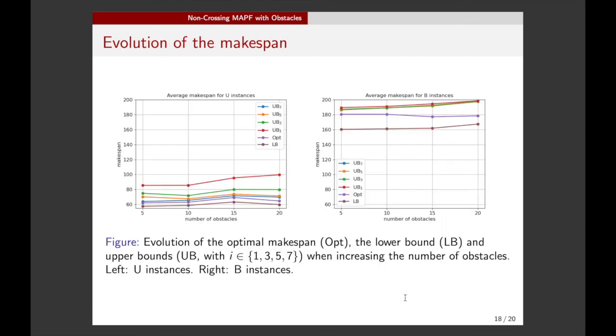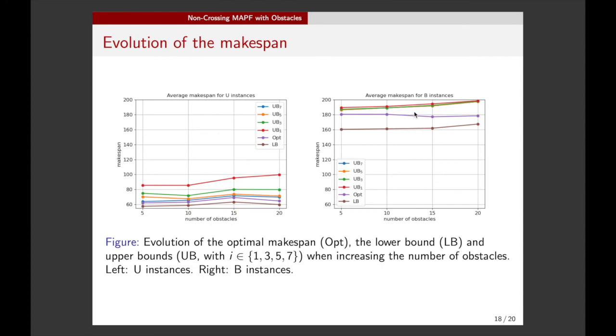In this slide, we display the result of optimal makespan, the lower bound, and the upper bound in each case, as well as their evolution when the number of obstacles increases. In both cases, we observe that the number of obstacles has no significant effect on the optimal makespan.